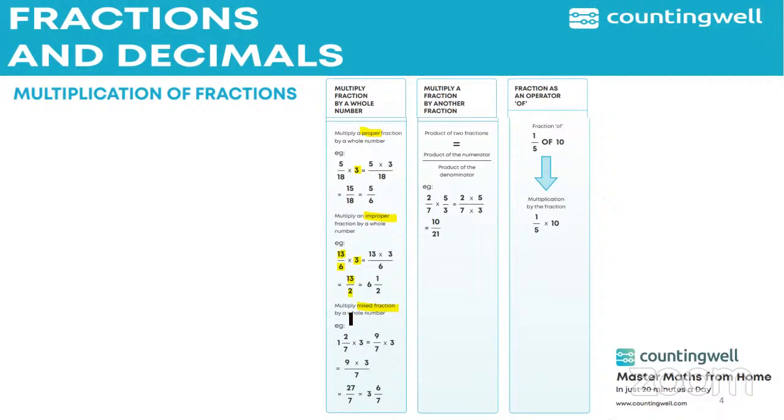Next, let us see how to multiply a mixed fraction by a whole number. For a mixed fraction multiplied by a whole number, we have to convert the mixed fraction into improper and then do the multiplication. So we multiply 9 with 3 and then we have 27 by 7. Converting into mixed fraction, we have 3 6 by 7.